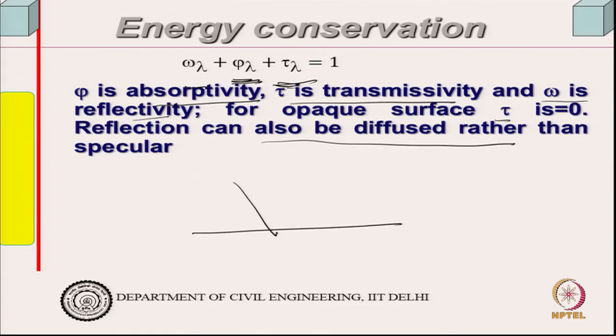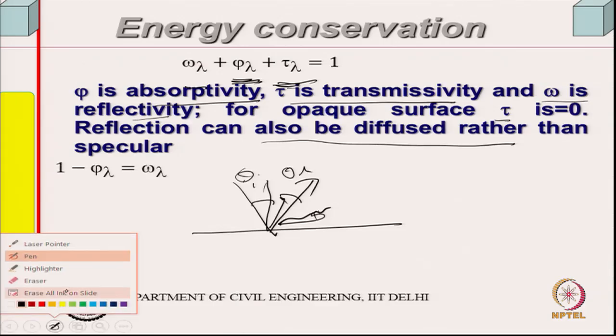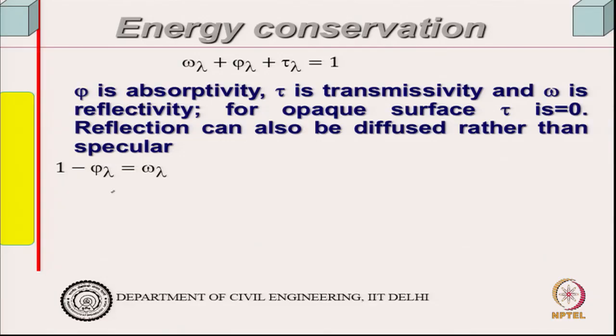Now, this is what we call specular reflection, where the angle of incidence theta i and the angle of reflection theta r are the same. But if it is diffuse reflection, it will go in all directions. So reflection can also be diffuse.